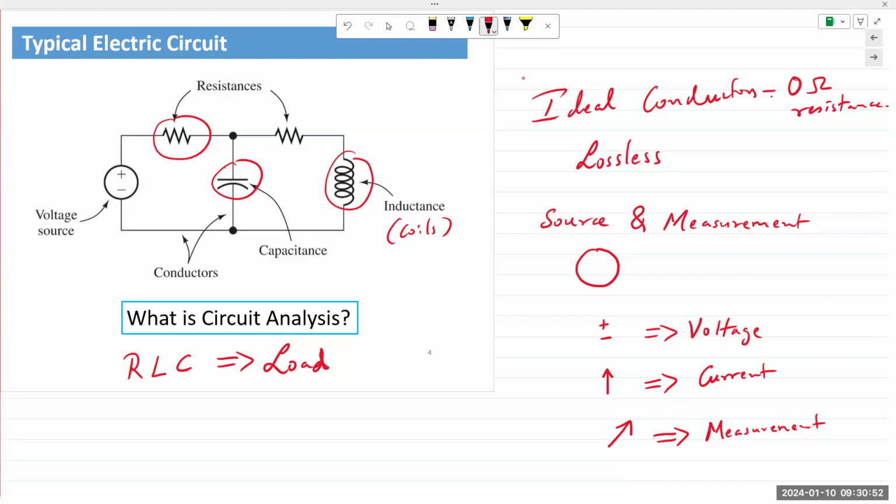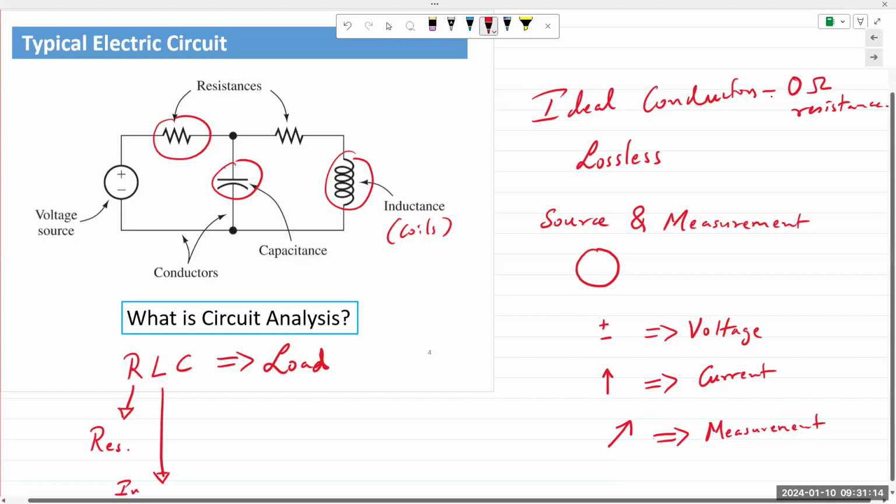The question being asked is, what is RLC? That's a good question, because sometimes I tend to forget that students may not have done the prereq. It's been a long time, so I need to go through the symbols also. R is for the resistor, L is for inductor, and C is for capacitor.